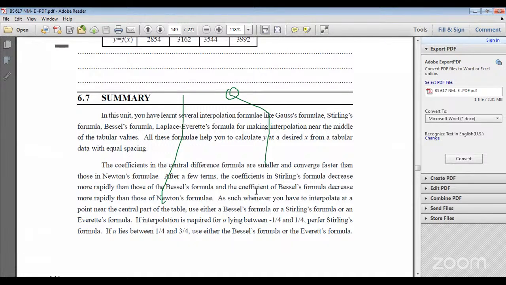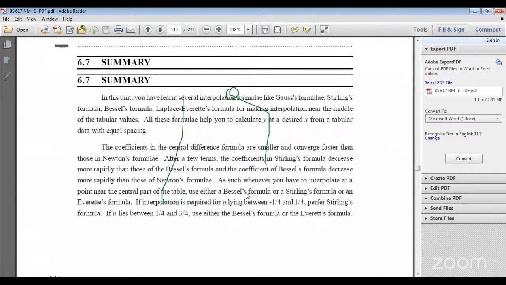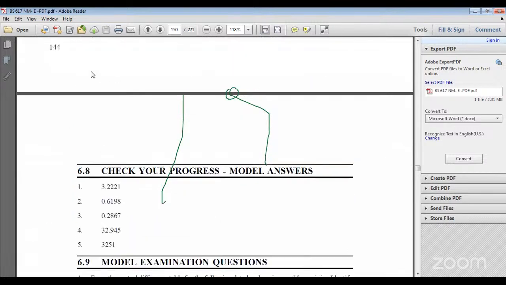After a few terms, the coefficients of Stirling's formula decrease more rapidly than those of Bessel's formula, and the coefficients of Bessel's formula decrease more rapidly than Newton's formula. As such, whenever you have to interpolate a point near the central part of the table, Stirling's formula is preferred for minus 1/4 to 1/4, Bessel's formula between 1/4 and 3/4, and Everett's formula as well. Any doubts, ask me. Tomorrow we'll take up the next topic.